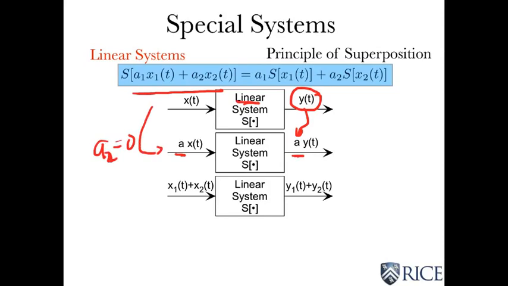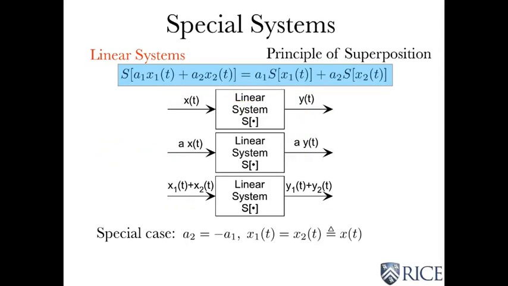Okay, then the other case is just as I described in some detail. If you just decompose a signal into a sum, the system's output to that sum is the sum of the outputs to each. So that goes just to detail of what we said before. But this result, turns out, has a very interesting consequence. So let's consider a special case. a2 is the negative of a1.